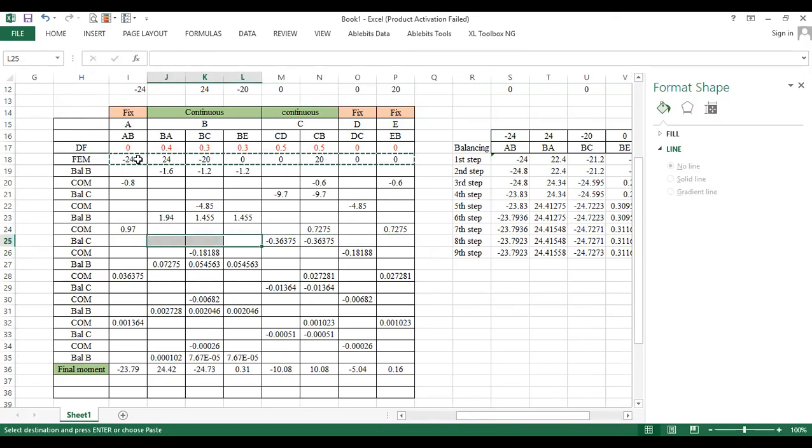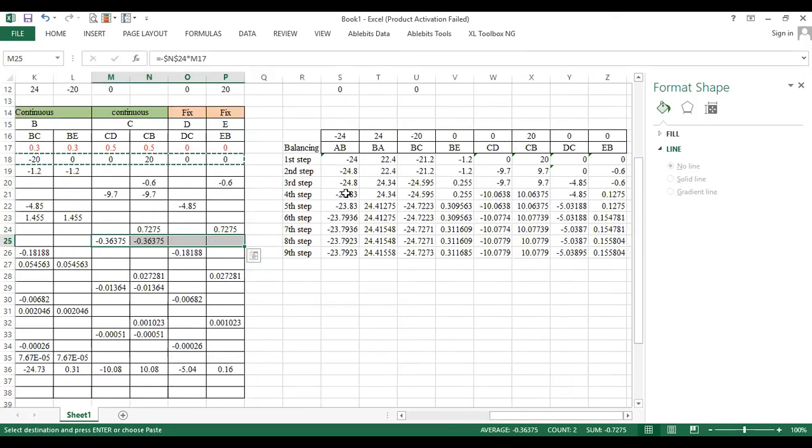That means 1 over hundreds of these values, right? Error is getting significantly lower compared to the original fixed moment. You can stop, right? So you can see for 1, 2, 3, 4, right? 4th step, error is getting significantly lower. Then you can stop, and those answers are sufficiently accurate.